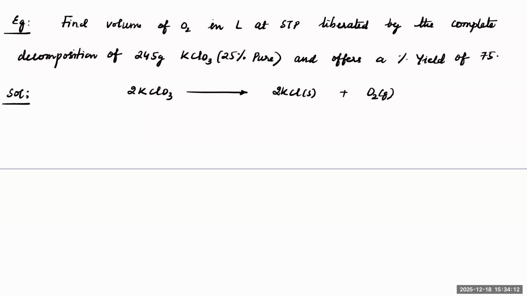Now, if it is 245 grams of only 25 percent pure, then the actual or pure weight of KClO3 will be equal to 1 by 4 times 245.